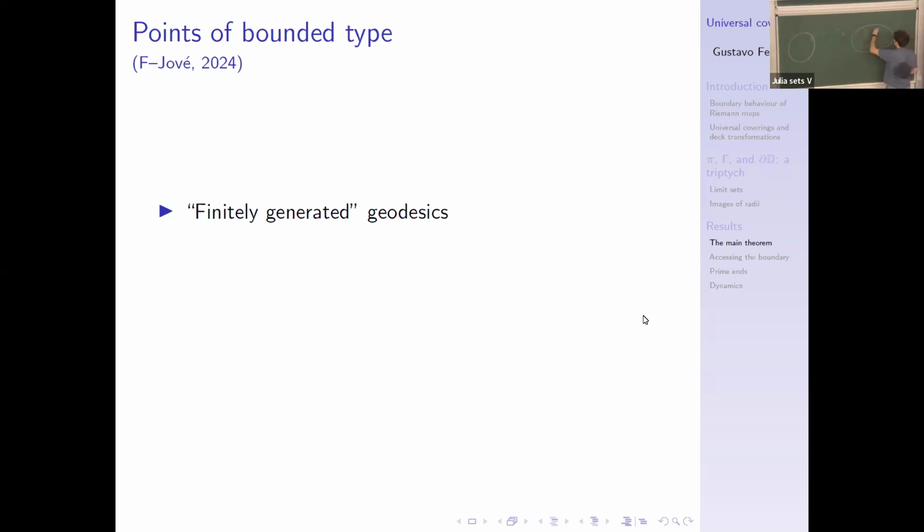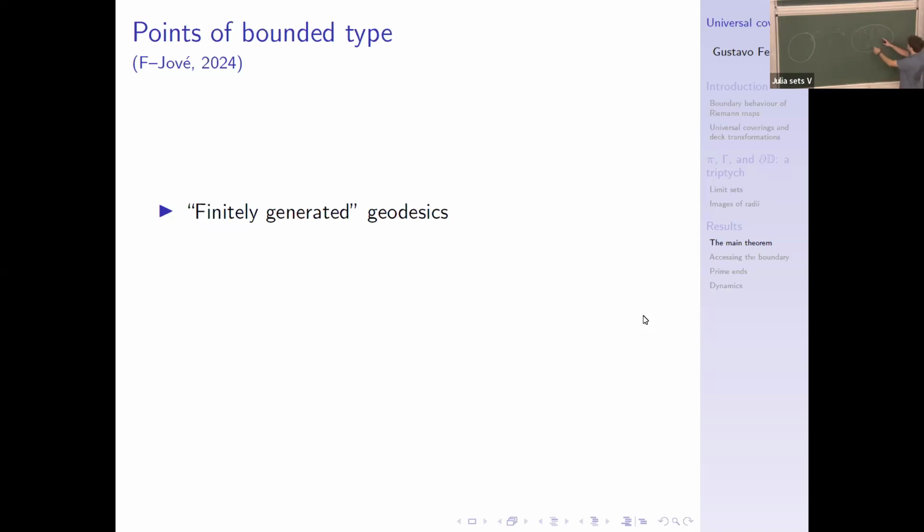So I'm going to pick this closed geodesic here, and this closed geodesic here, and I'm going to start taking combinations of these two. So I take a curve that's going to go around this one once, then around this one another time, and then around this one another time, and then back to this one, and so forth and so on.